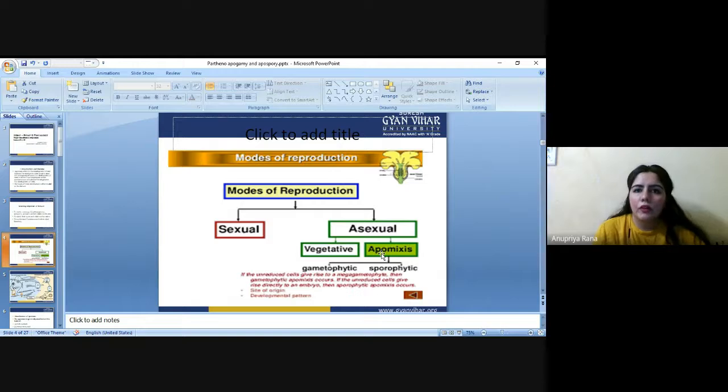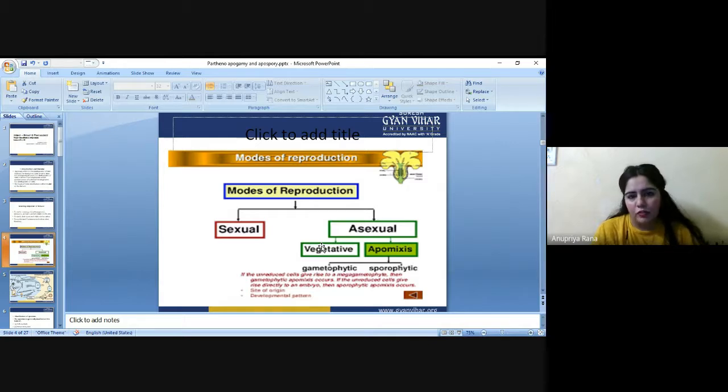Plants with apomixis also have a gametophytic phase, but they do not involve fusion. The strict prohibition here is on gamete fusion. If gamete fusion takes place, there will be no apomixis; that will be purely sexual reproduction. So understand carefully that apomixis never accepts the fertilization process in its mode of reproduction.